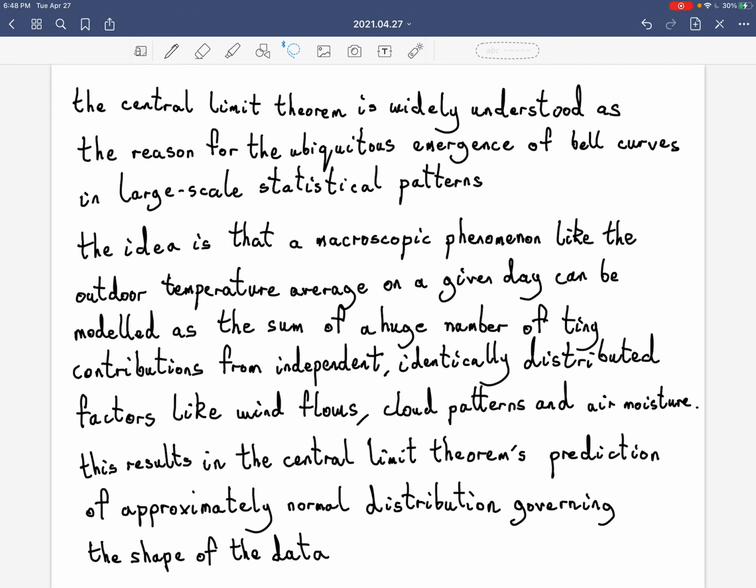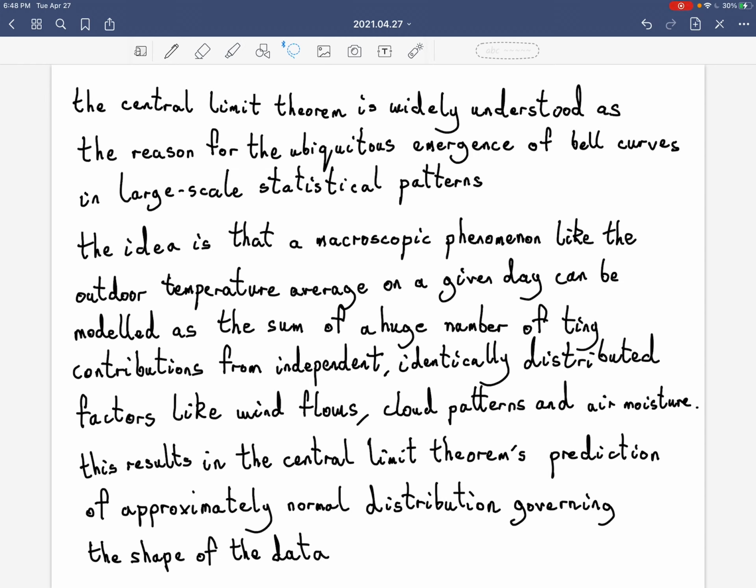But there's an extremely powerful emergence of structure in the large-scale limit of randomness, where if you have no correlations on the factors coming together to produce your phenomenon, then you can be guaranteed to see a bell curve.